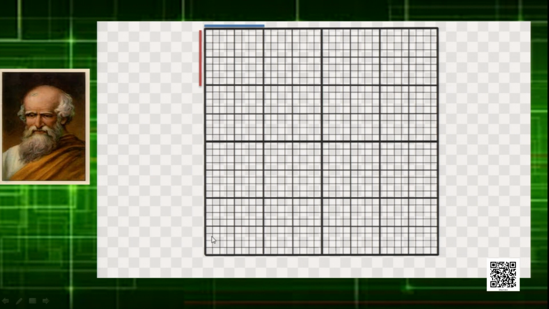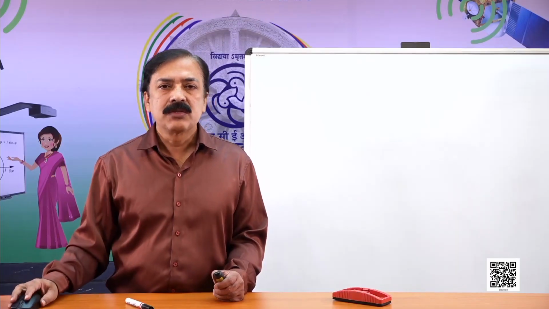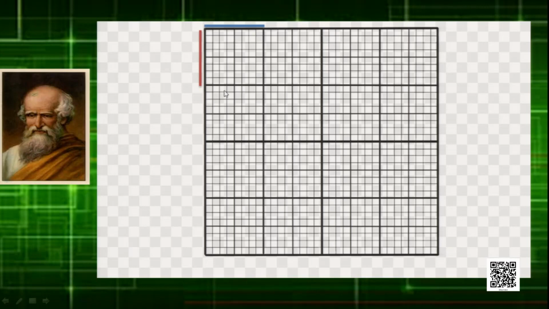So, how many squares are accommodated in this large square? If we consider these small squares as one unit square, how many units exist in it?